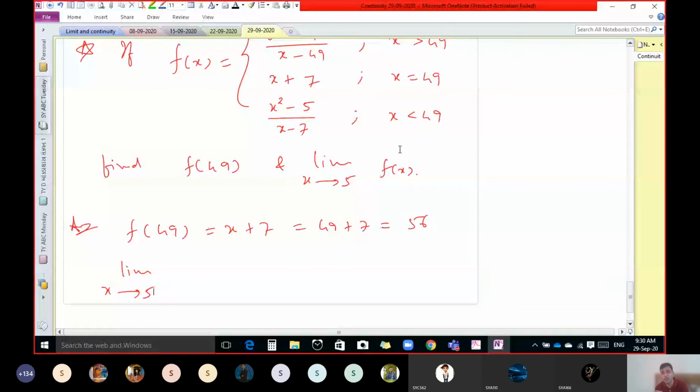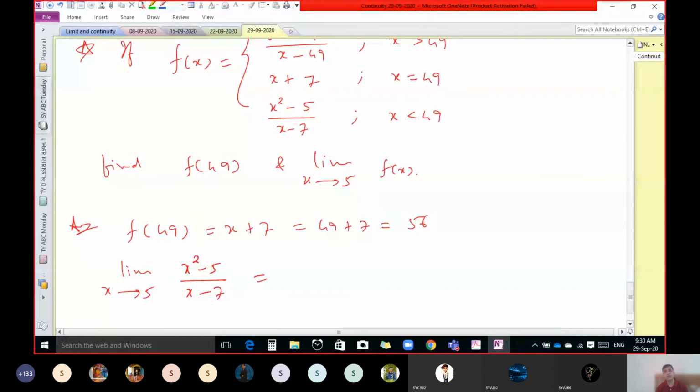Values nearer to 5, less than 5 or more than 5, are all very close to 5 and all less than 49. You can simply put your third function only.